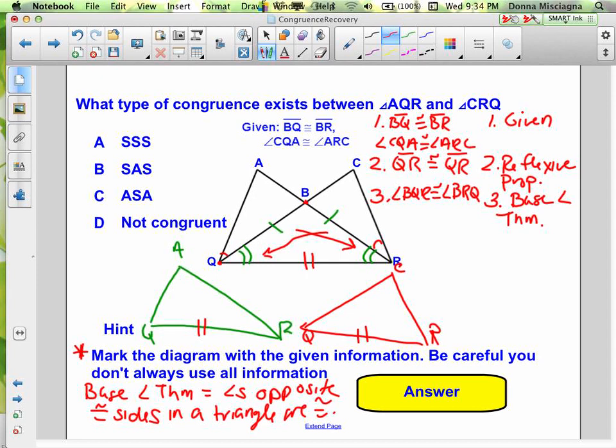Well, you know what angle BQR is? It's the exact same angle, so maybe I should change its name. While BQR uses the sides in the isosceles triangle, I don't have to use B, I could use C. It's going to be the same angle. So what if I called it angle CQR?